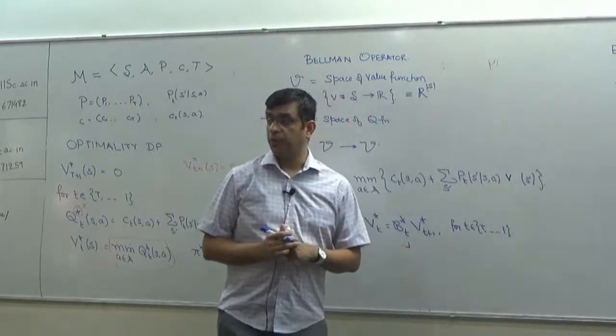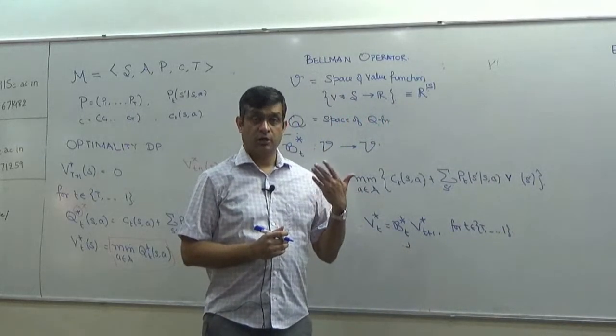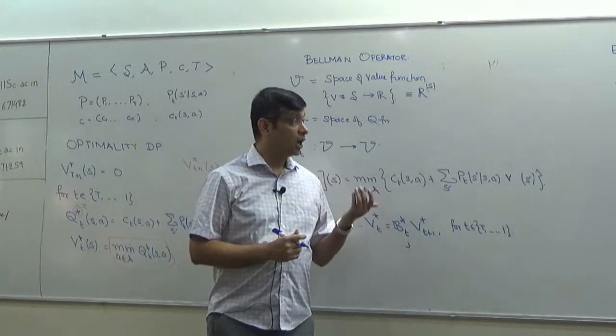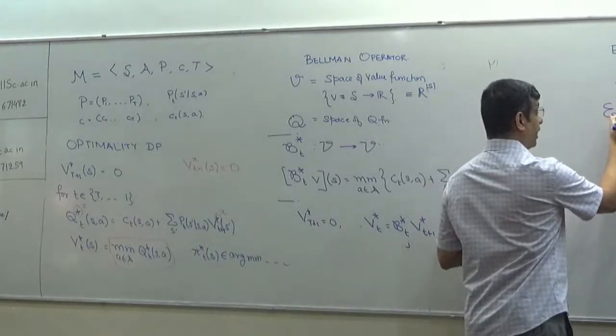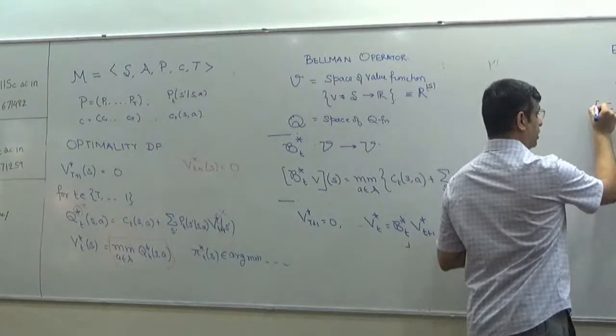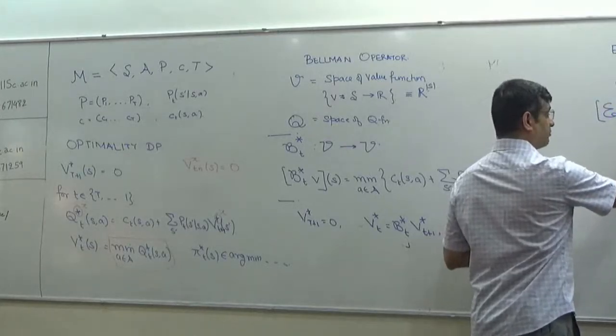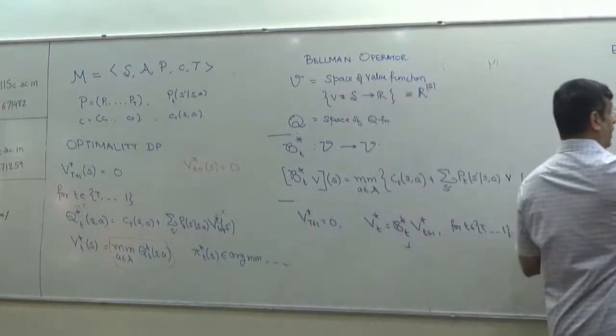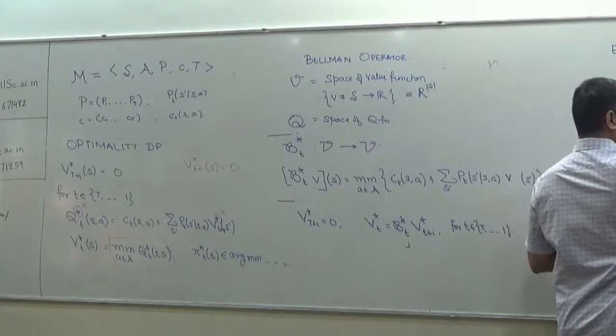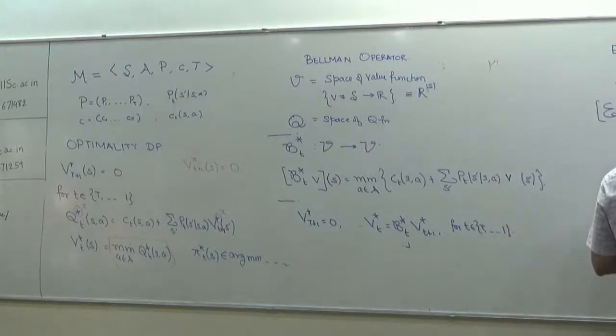So, it is an operator from the space of value functions to the space of Q functions, which means if I take any value function and I apply this operator, I will get a function which I can evaluate at some S and A, and this is the cost at S and A plus the summation over S prime of P t of S prime given S, A times V of S prime. Okay.